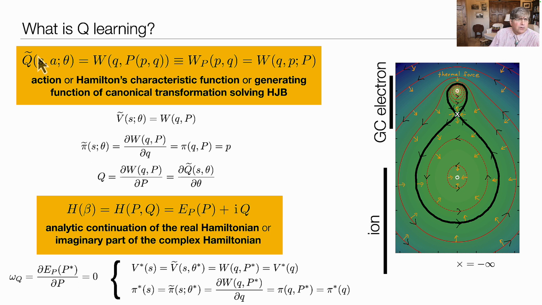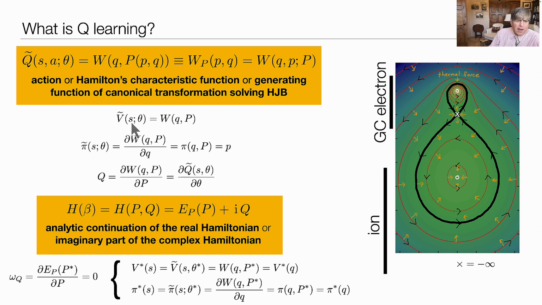Well, Q is learning this approximate Q function, which is Hamilton's characteristic function, the generating function of the canonical transformation, which is solving the Hamilton-Jacobi-Bellman equation, where the state is equivalent to the little q, the action is equivalent to the little p, and the parameter of approximation is equivalent to the capital P.